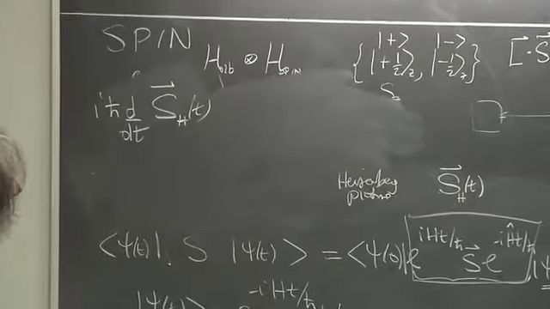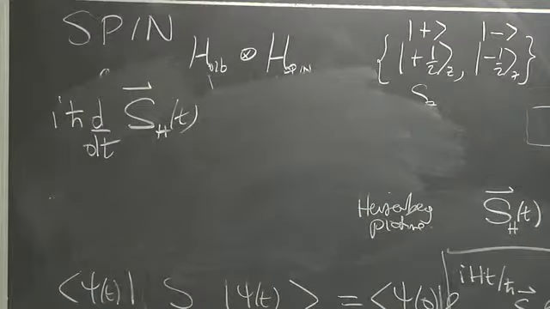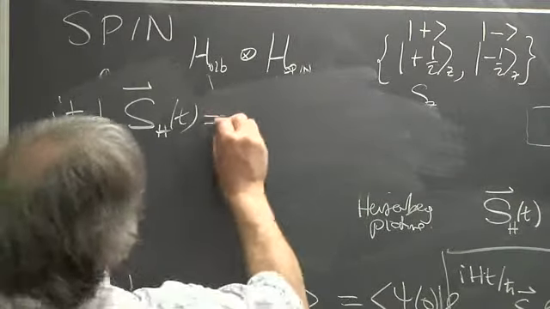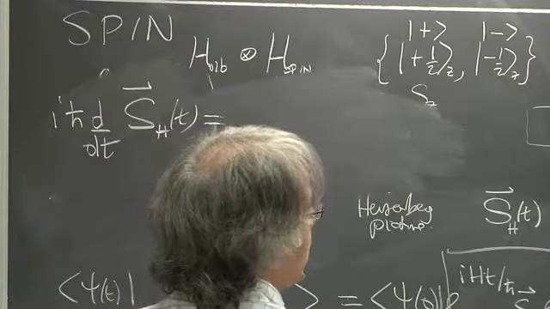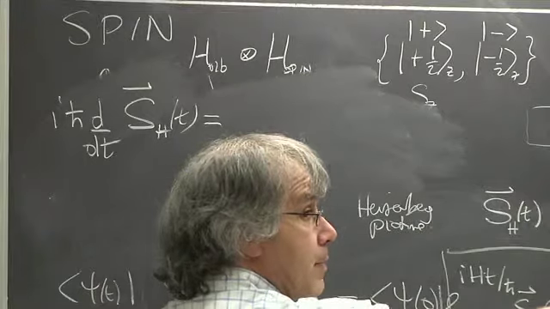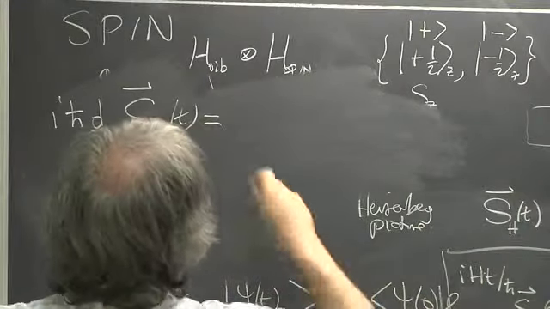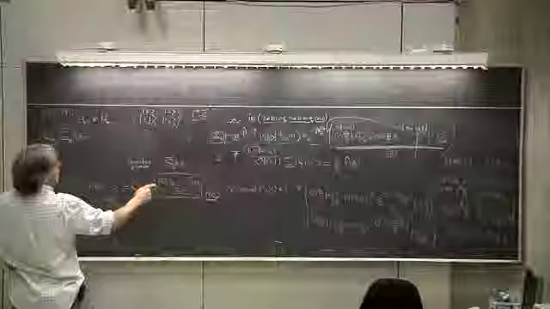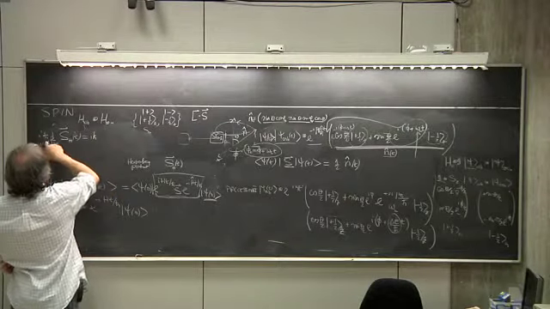Now, this is just the derivative of this object or the derivative of that object. Now, this is i h bar coming from here.